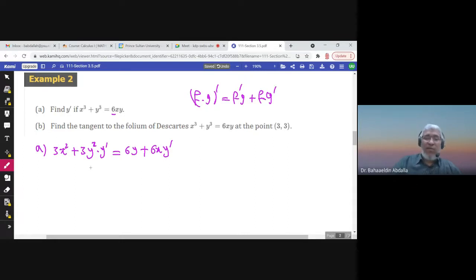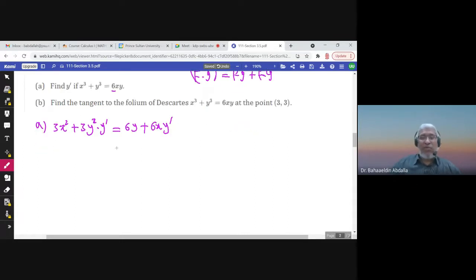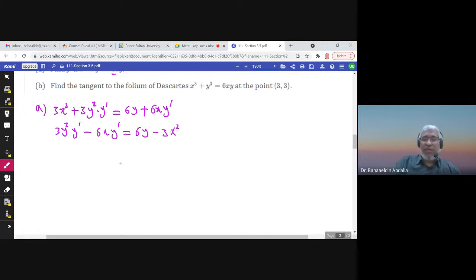So now I have this equation, and to find y prime, I need to solve this equation for y prime. How to solve it for y prime? Any term that has y prime, I'll take to the left hand side, and any term without y prime, I will take to the right hand side.